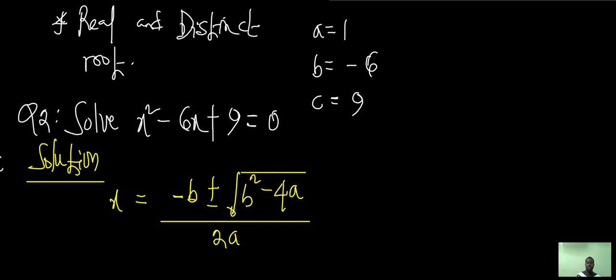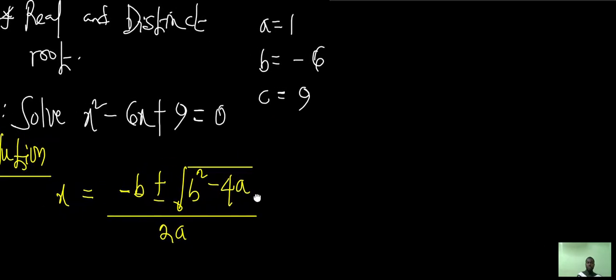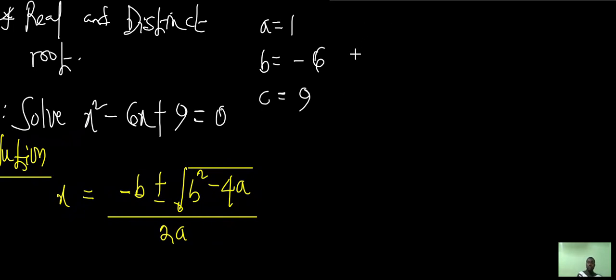Great. So let's substitute the values of a, b, and c into the quadratic formula. We're going to have x equals, first you notice there is a negative in the formula, so I'm going to write the minus in the formula.